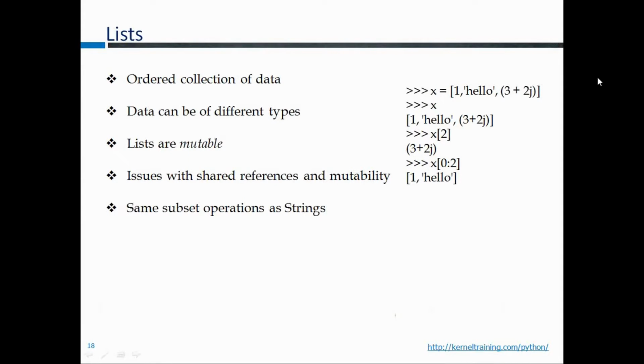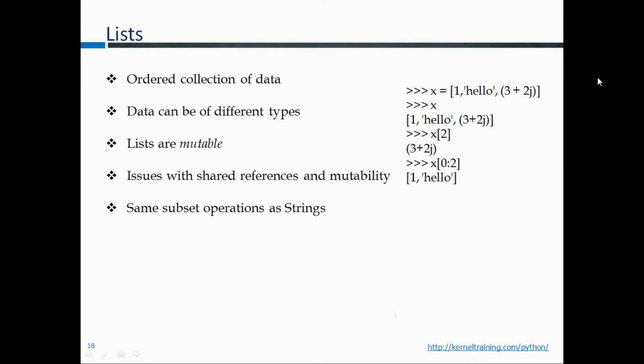Also, if you want to use comments, you will use the pound sign, and if you want to use multiple line comments, you will use three single quotes. When you start with three single quotes, the system will understand that it is a multi-line comment.